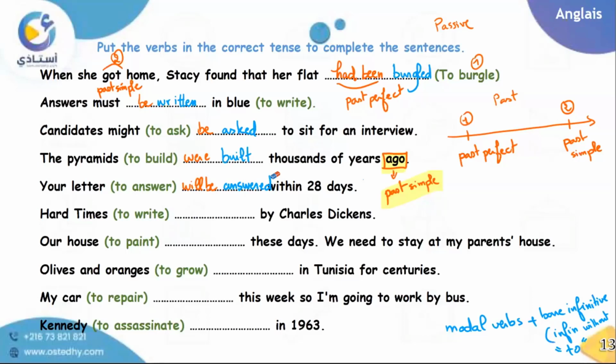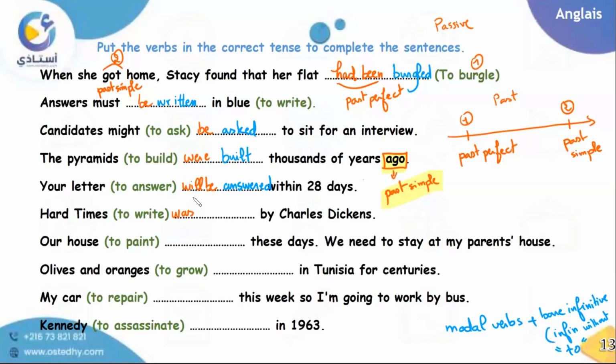Hard Times to Write by Charles Dickens. So this is something that was written before. It's in the past, so we need to put the verb to be in the past. Hard Times. It's not plural because we have S here. No, singular. We're talking about, I don't know if it's a book or a poem, but Charles Dickens is a writer.